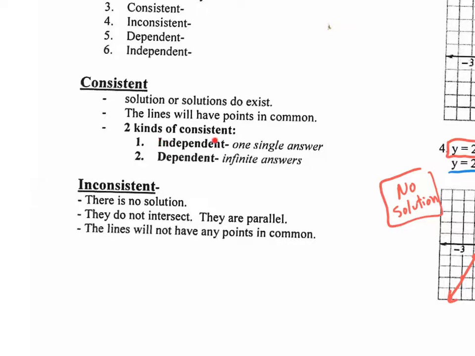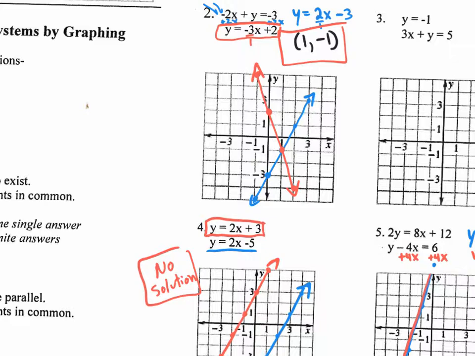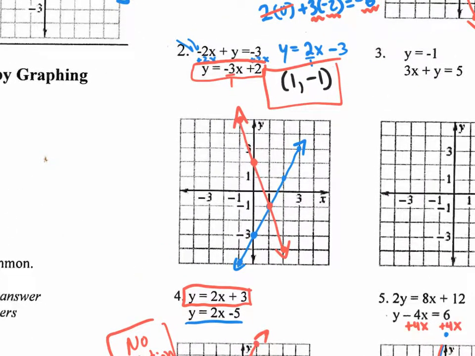There's consistent independent, which means one single answer, and there's consistent dependent, which means that there's an infinite amount of answers. Okay? So, for example, this guy up here, number 2, that is what we would call a consistent system because there is an answer. And there's only one answer, so it would actually be a consistent independent, right?